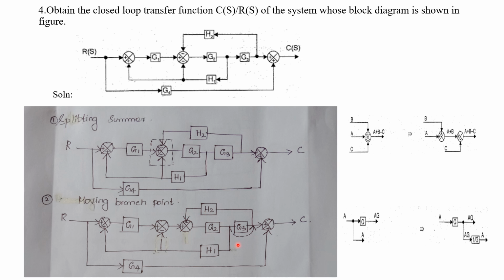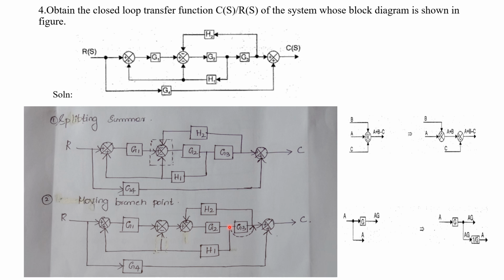So we have to think which movement to perform. Many methods are there to reduce the block diagram, so we can follow any one of them. Anyway, you have to apply the rules of block diagram reduction correctly, then only we can get the exact answer.